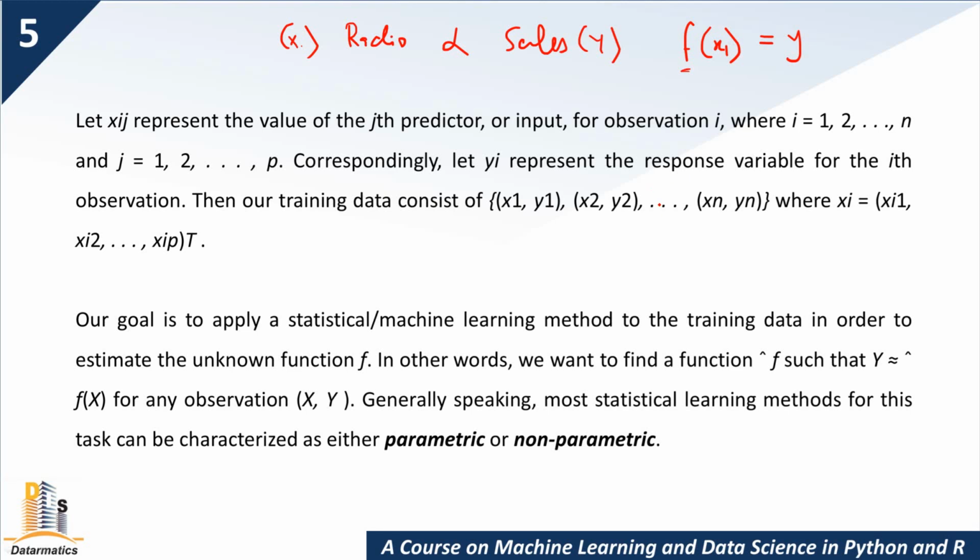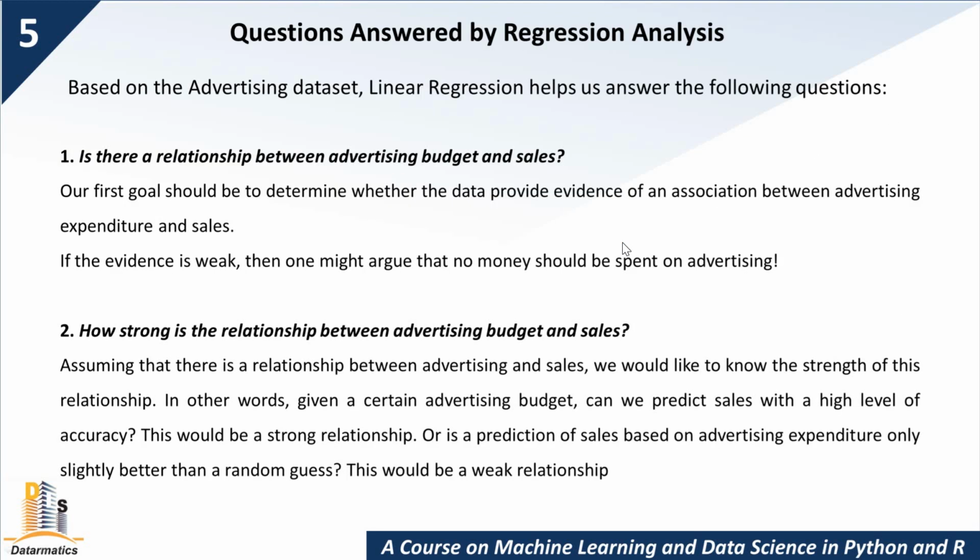Now in linear regression, we have to make an initial assumption. And that initial assumption is that the relationship between these two variable sets, between the predictor and the response, is linear. And that is where linear regression comes into play.